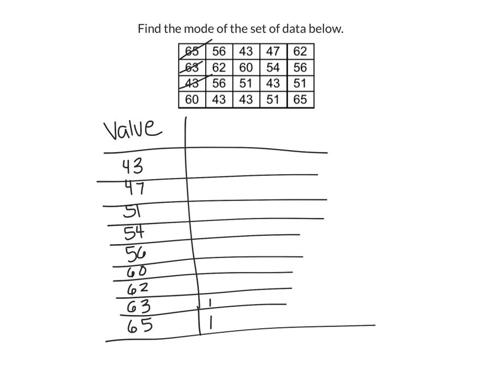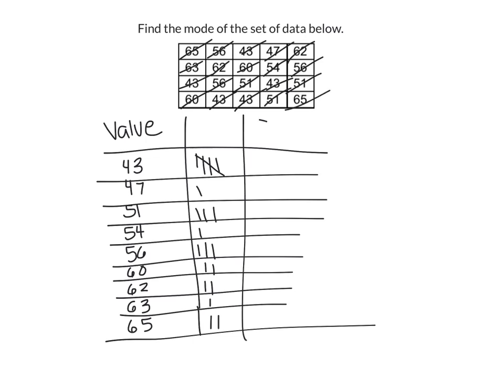Then I have 63, then 43, 60, 56, 62, 56, 43, 43, 60, 51, 43, 47, 54, 43, 51, 62, 56, 51, and 65.